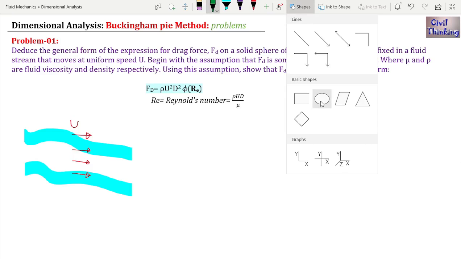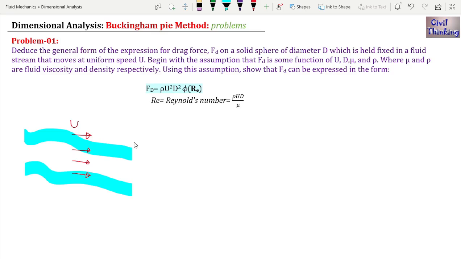Because I'm using two dimensions, I will denote the sphere with a circle. Let me say it's like this. Now this sphere is fixed. The stream is moving against it. The diameter of this is d.